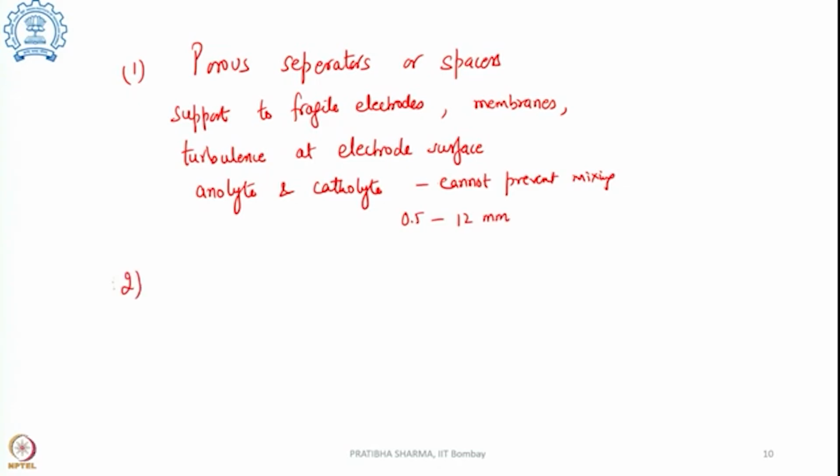Another category of separators are microporous separators or diaphragms, wherein the pore size is in micron dimensions, in the range of 0.1 to 50 micron. They allow the transport of solvent, solute and ions through them by means of hydraulic permeability.